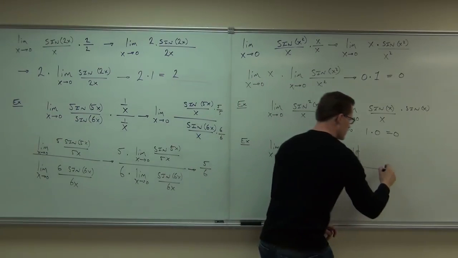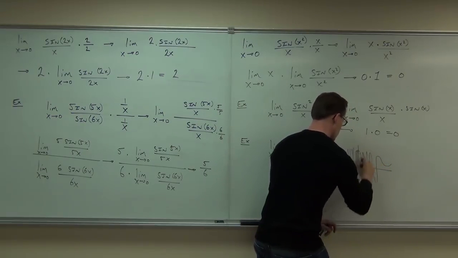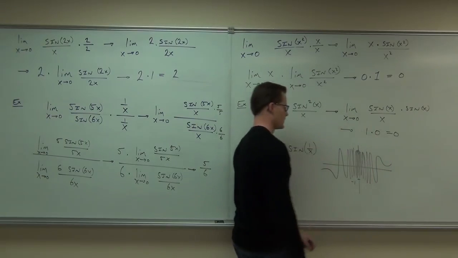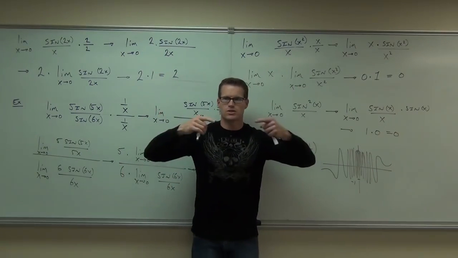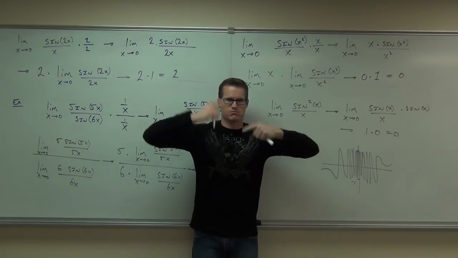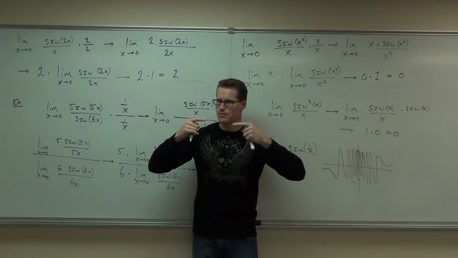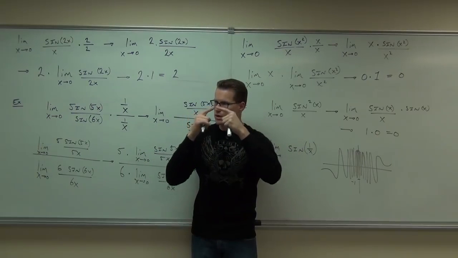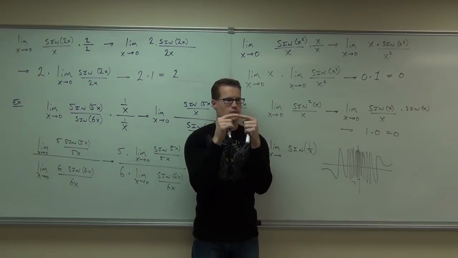The other side looks like this. As we get closer to 0, are you approaching a certain point, or is it just continuing to oscillate like that? It's not actually reaching a point. It's not going to level out and make 0, or level out and make 1.